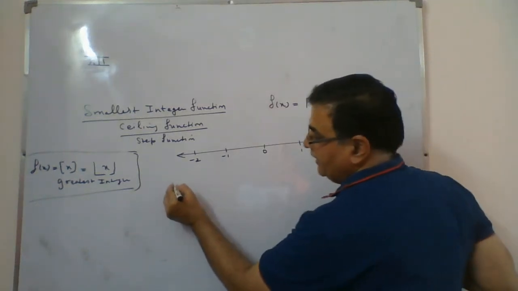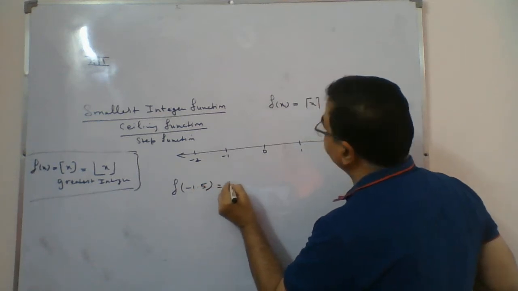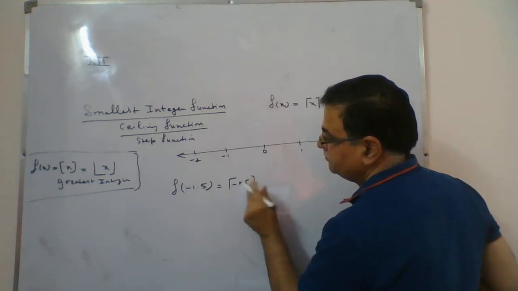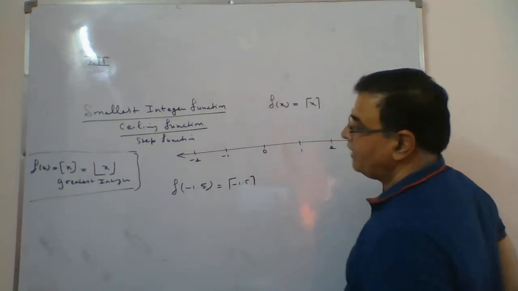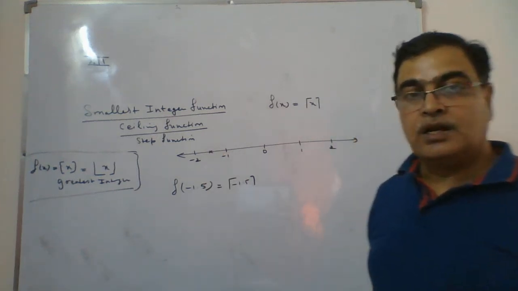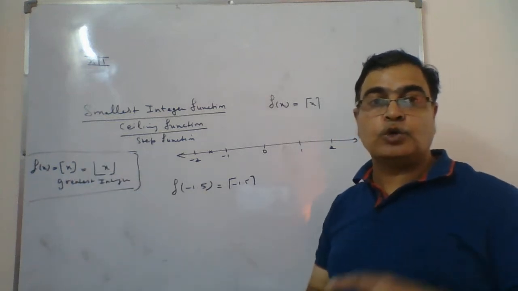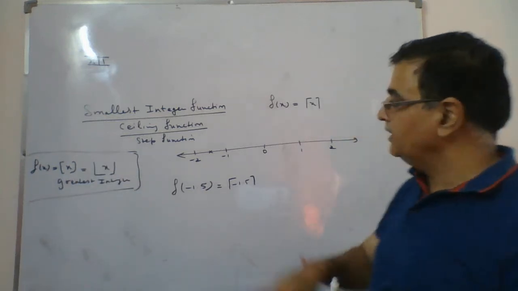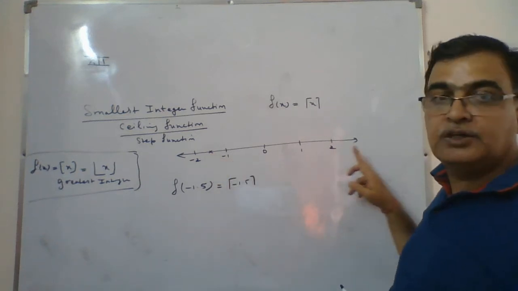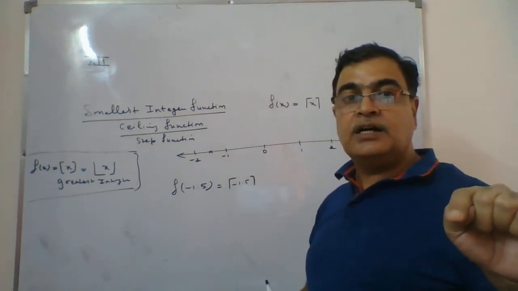For example, f of minus 1.5. Where is minus 1.5? Here. Now in this case we are not going to consider the smaller integers. We find out how many integers are bigger than this. Minus 1 is bigger, 0 is bigger, 1 is bigger, 2 is bigger. And among these bigger ones, which is the smallest?